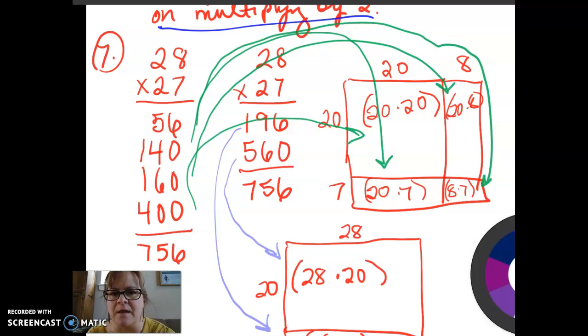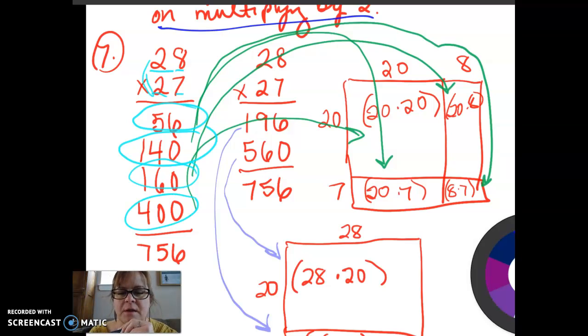You can see that I started with the partial products multiplication here. So I did 8 times 7, I have my 56. Then I did my 20 times 7, there's my 140. Then I did my 20 times 8, there's my 160. And then I did my 20 times 20, there's my 400. You could make an argument that the partial products multiplication is just as efficient and quick as the standard algorithm.